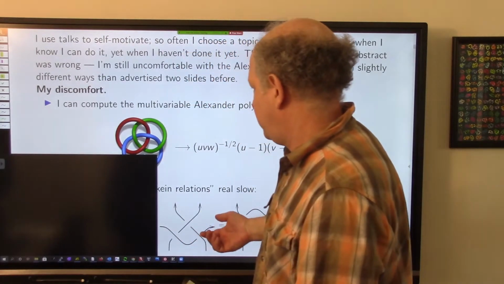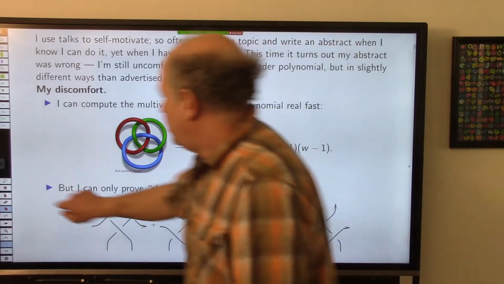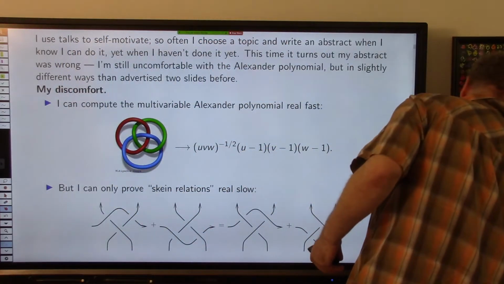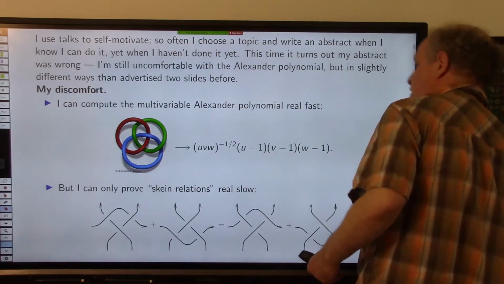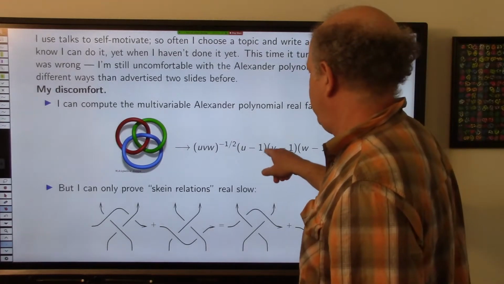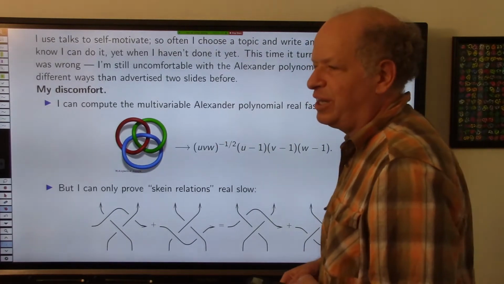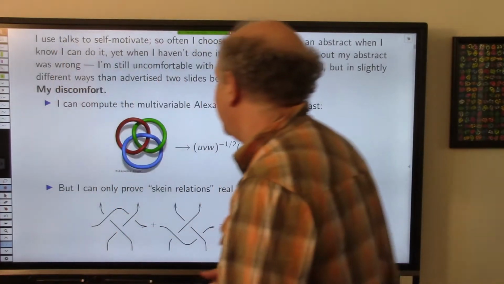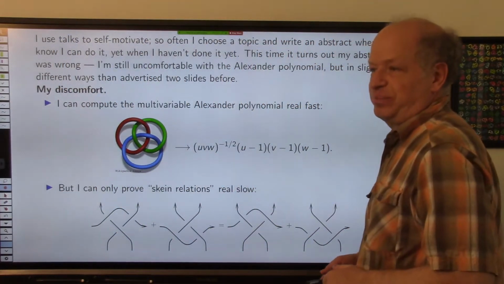Sorry, I'm having technical difficulties. Here is the polynomial associated with the Borromean links. So I can compute this polynomial really fast.